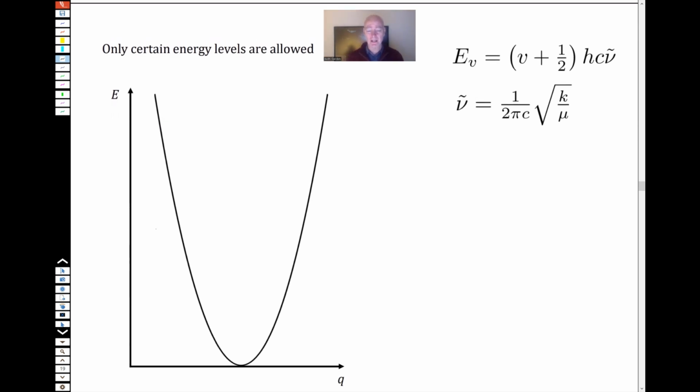So that's Hooke's bit. Now it gets a little bit more complicated because when we introduce quantum mechanics, we find something that's a little bit unusual. If we look at the diagram and ask where you could be in it, well, I could be here, or here, or here.